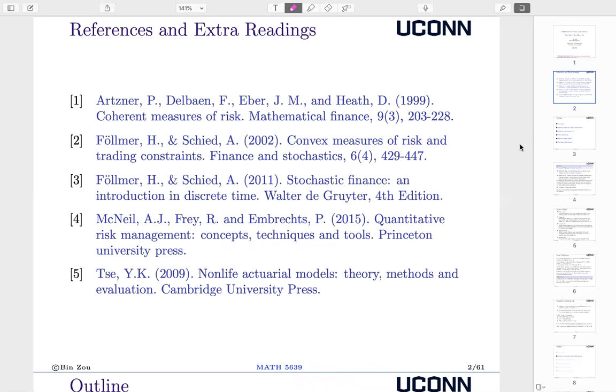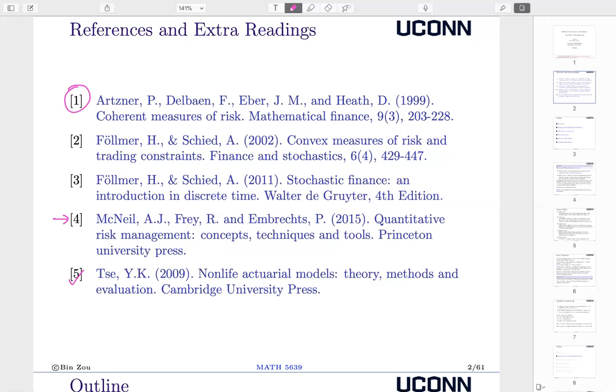First, here we have some standard references. Obviously, 5 is our textbook. The standard reading is actually book 4. It's a very comprehensive textbook on risk management, written by some well-known experts, especially Paul Embrechts, one of the most cited scholars in risk management. And of course, there are several papers.